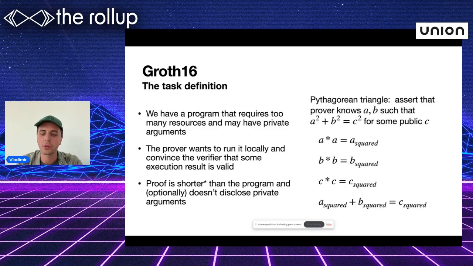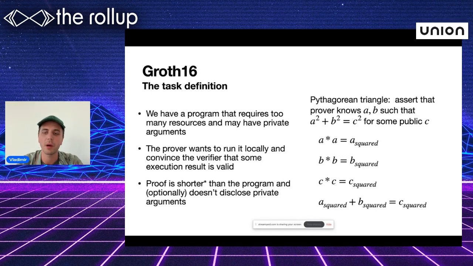A very toy example of such a program can be checking the relation between the sides of a Pythagorean triangle, where you have a public value of hypotenuse C, and you check that you know such catheti A and B that the well-known relation between the sides holds, where A squared plus B squared is C squared.